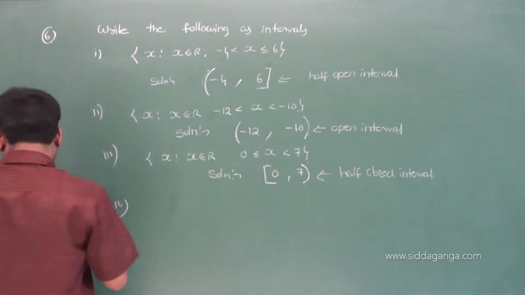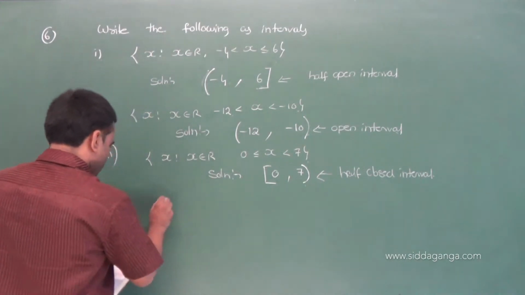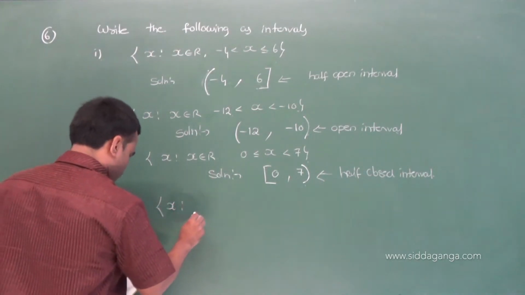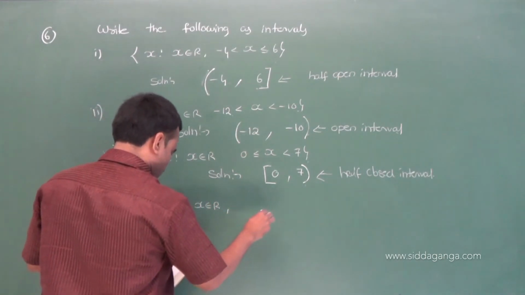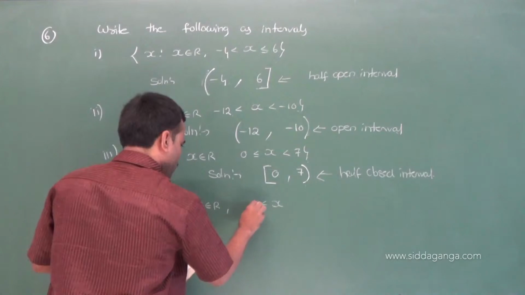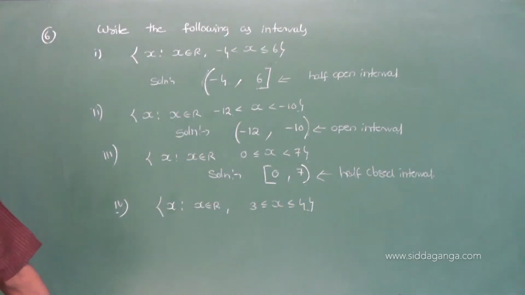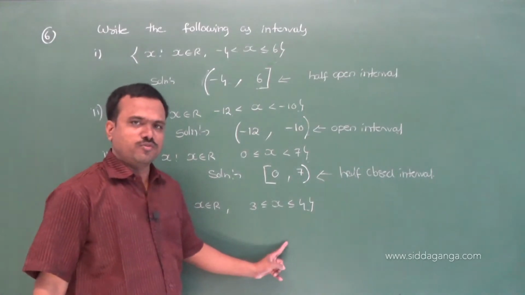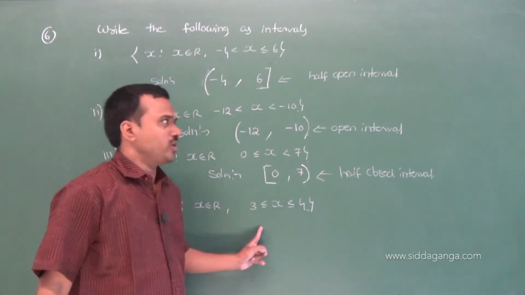Fourth question. X such that x belongs to R, x greater than or equal to 3, less than or equal to 4. That means end points are included.